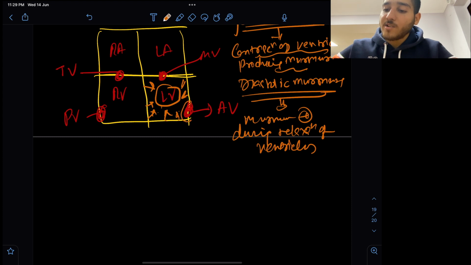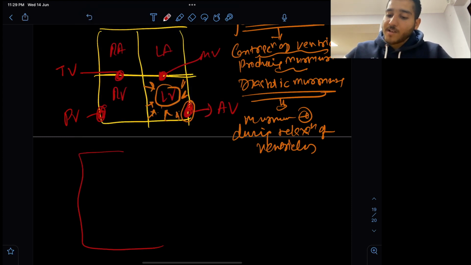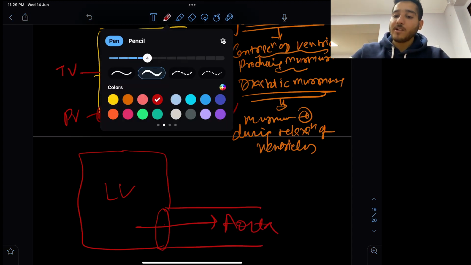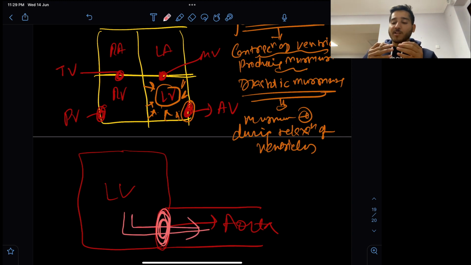Let's say this is the left ventricle and this is the normal diameter of the aortic valve. The blood is going to the aorta, right? If anyhow the lumen of the aortic valve is narrowed, now all the blood going towards the aorta will go with production of some sound.